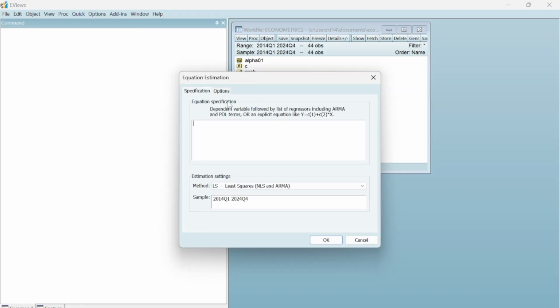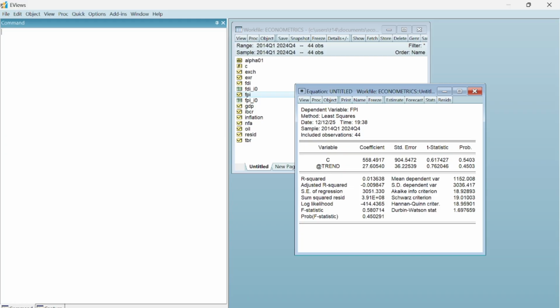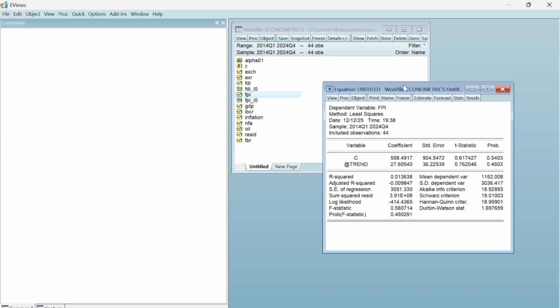So let's say estimate equation. What I was trying to tell you, like FPI, just call the variable that we use. You see at trend, for example, when you look at this, it's telling you that the variable is not constant and it doesn't have a trend, because the probability shows that it is not significant at constant and trend.